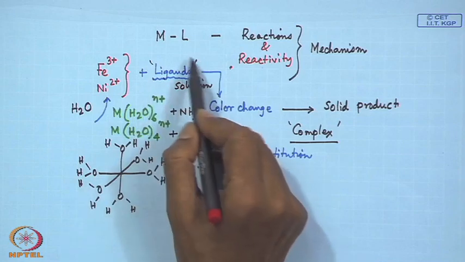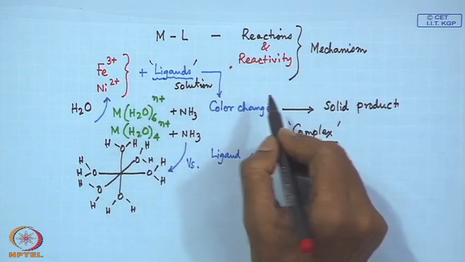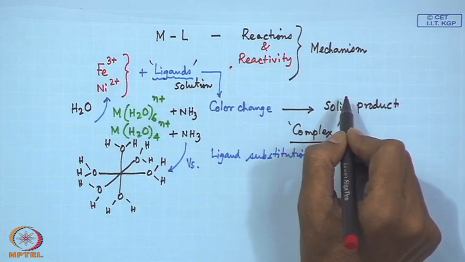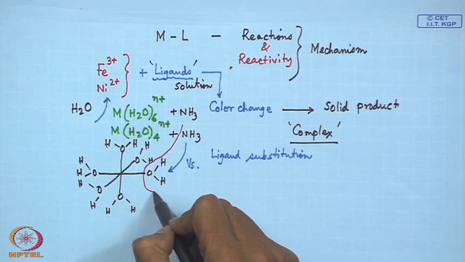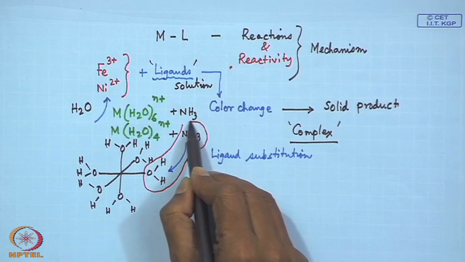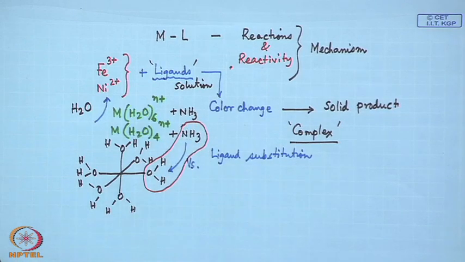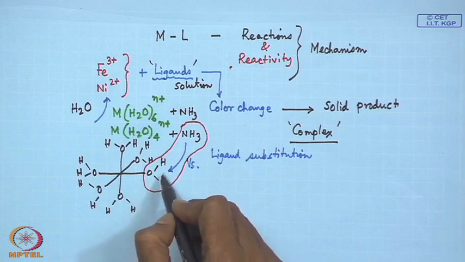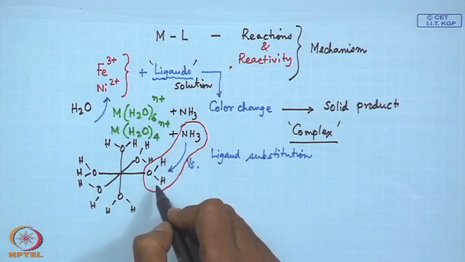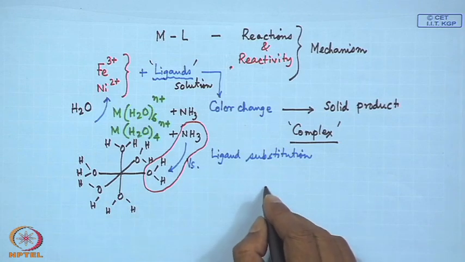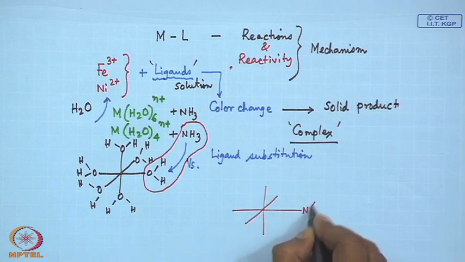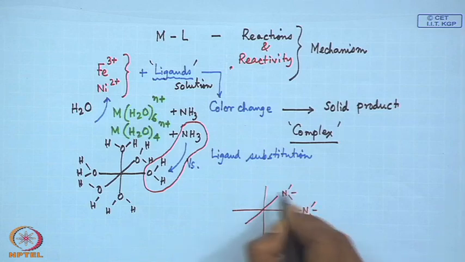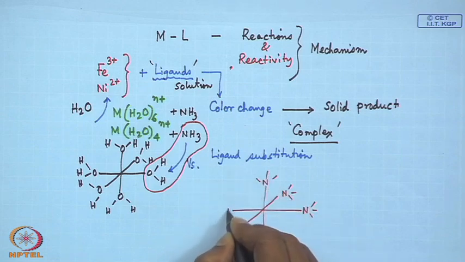So, we are talking about the nature of these ligands in terms of the spectrochemical series, and we can compare these two and some more within the spectrochemical series, to see whether water will be replaced by ammonia or ammonia will be replaced by water molecules. Because in some other compound the coordinated groups are all ammonia.